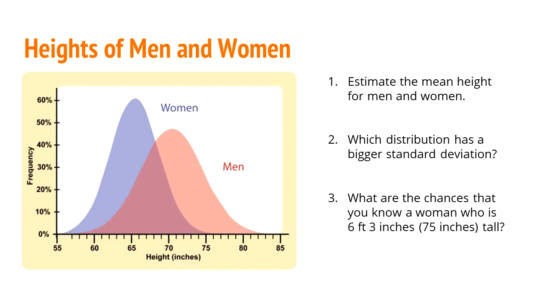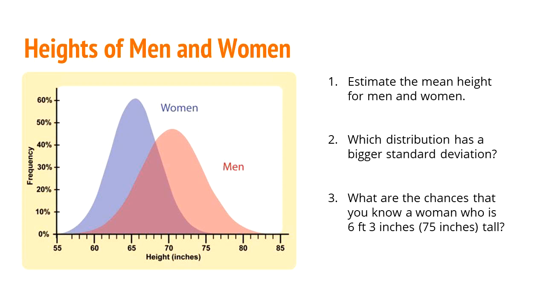Which distribution has the biggest standard deviation? Standard deviation measures spread of data, that variation of data. So I noticed that men's values spread around, let's see, 56 to about 83, which is a bigger spread than the women's heights.